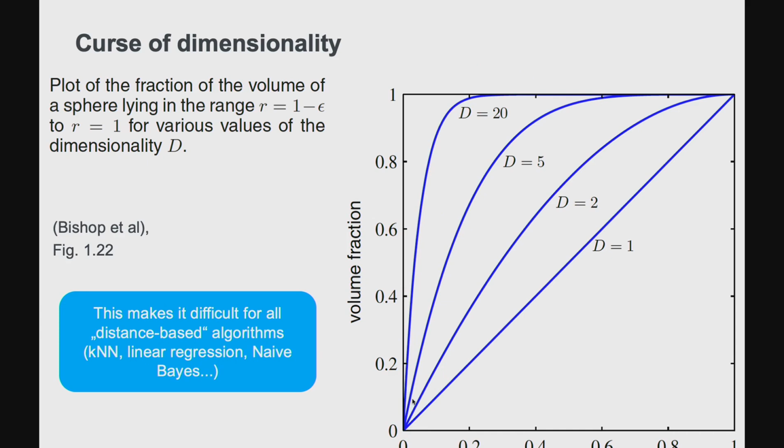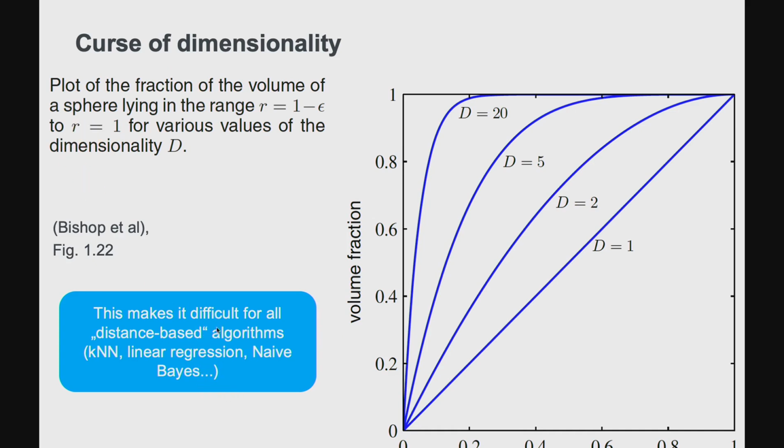Which means that all of the instances, all of the existing objects, or more of them, are at about the same small distance to you. Sorry, not small here. This is just the distance around this radius of 1.